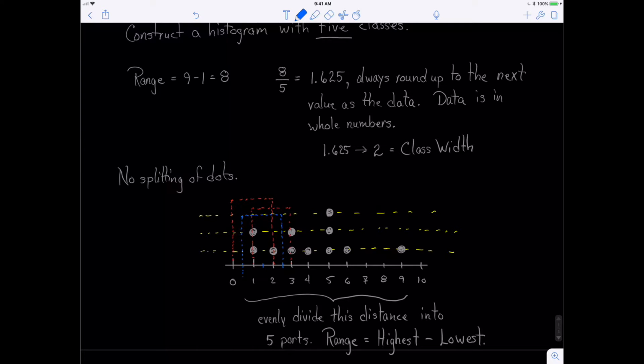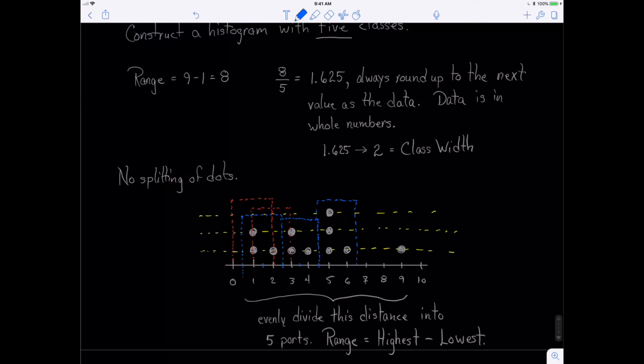And then if we start at the 2.5 and we continue again over, here's another one, there's 2 more units, and that's going to put us at 4.5. Again, no dots were split. If we continue this pattern, we'll put boxes around everything that falls into those dividers.